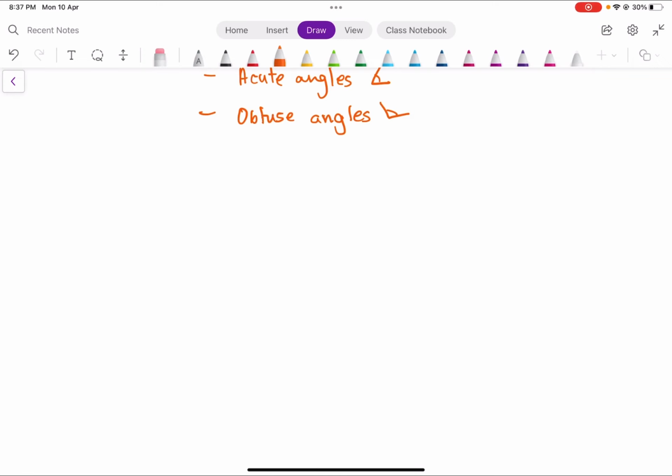And the different types of triangles can depend on their angles and their sides.